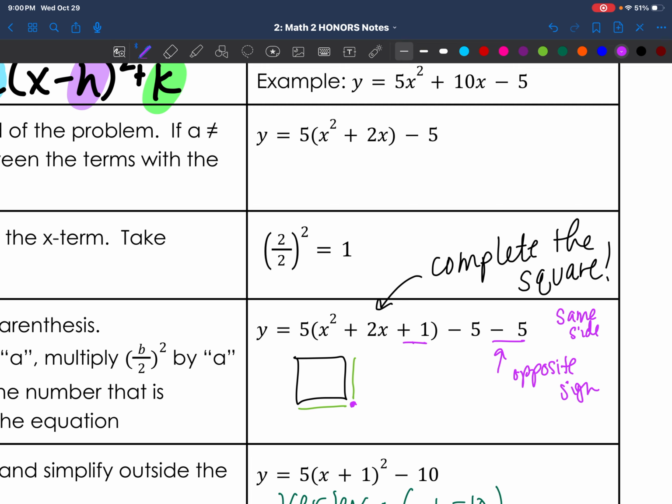So we're going to take our +1 times 5, and make it a -5.